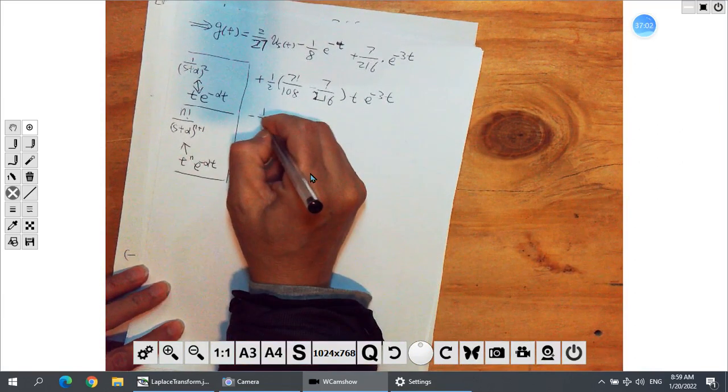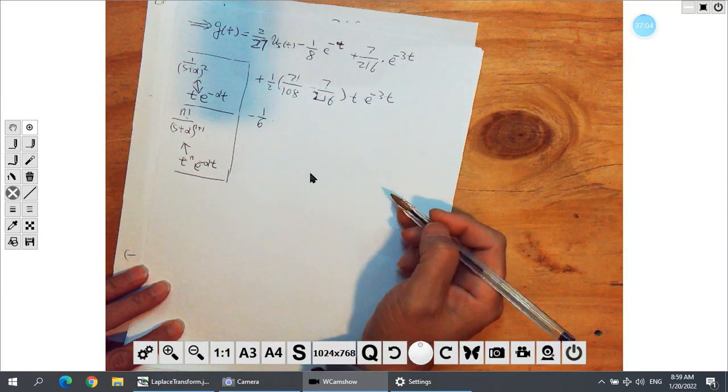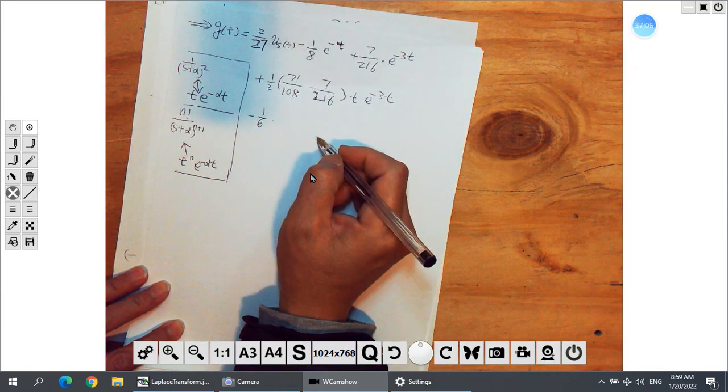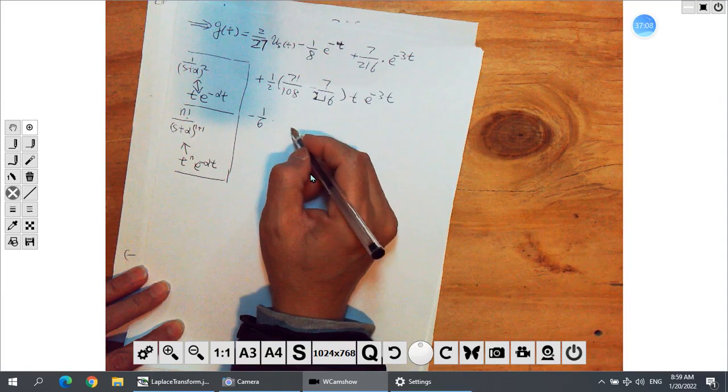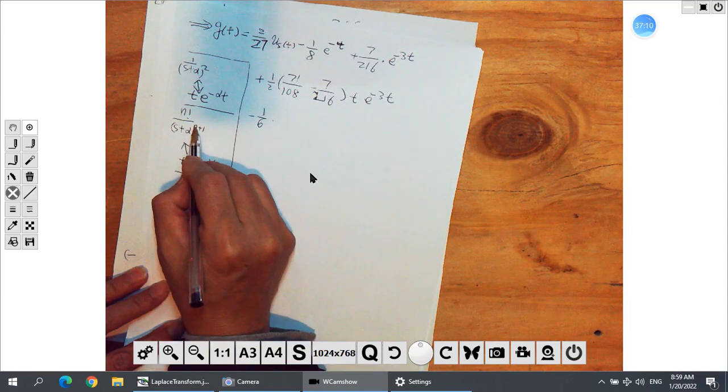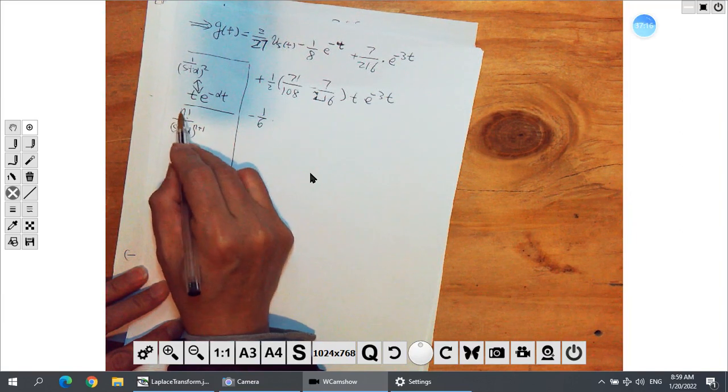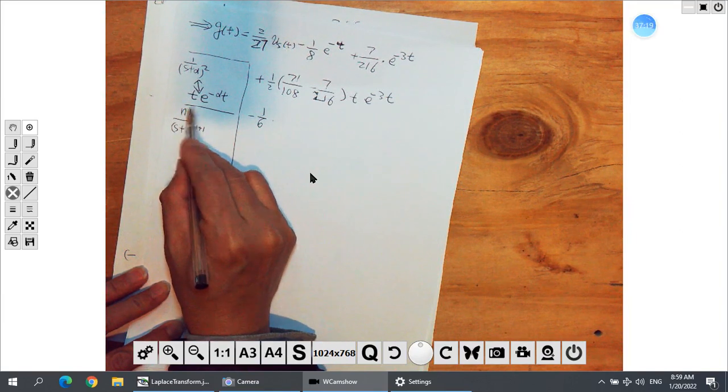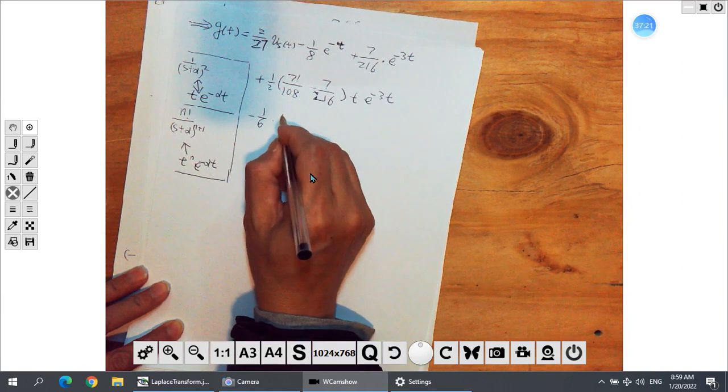Negative 1/6 times, okay, here's 1 over s plus alpha cubed. Cube means here n is 2. Here we need a 2 factorial, but we do not have 2 factorial, so I need to divide by 2 factorial.